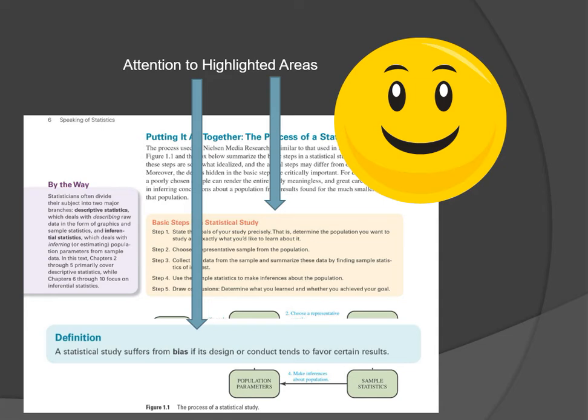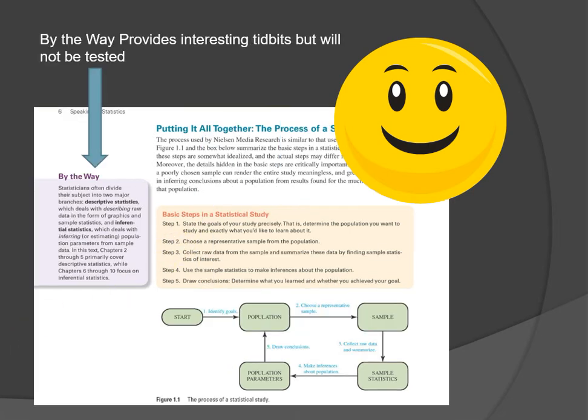Now the quiz is open book too, so it's not critical that you have that, but you'll see things in little different shaded areas that are the main points of that particular unit. You'll also see in the margins a thing called by the way. These things in this part will not be tested, but there's kind of some interesting things that make the study of statistics just maybe a little more interesting to you. Not necessarily more important, but more interesting to you.